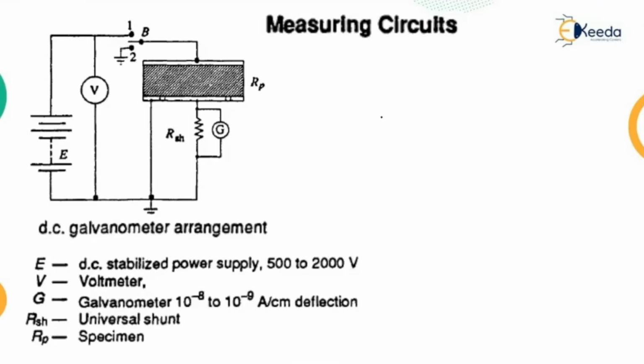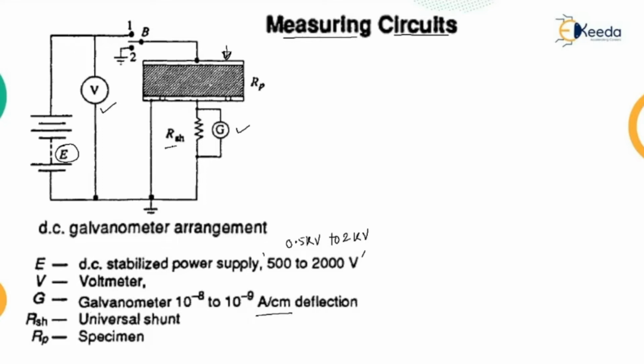Okay, so now this is all about the constructional parts of these testing kits which are used. Now let us understand the measuring circuit. Here you can see the test specimen which is placed here. Here we have a battery source, that is a DC stabilized power supply, that varies from 500 to 2000 volts, so 0.5 kilovolt to 2 kilovolt. Here there is a voltmeter, a measuring device. There is a galvanometer of 10 to the power minus 8 to 10 to the power minus 9 ampere per centimeter deflection.